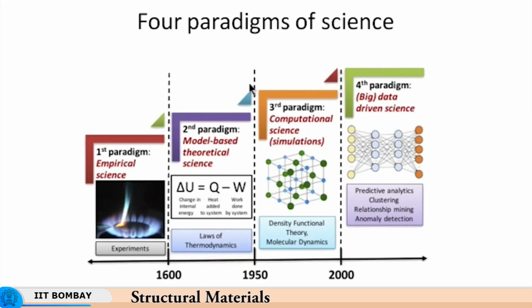So, we have the 4 paradigms of science. First is empirical science. So, you have the data based on what is available, because empirical work or experimental work, empirical science can be done based on whatever is available.